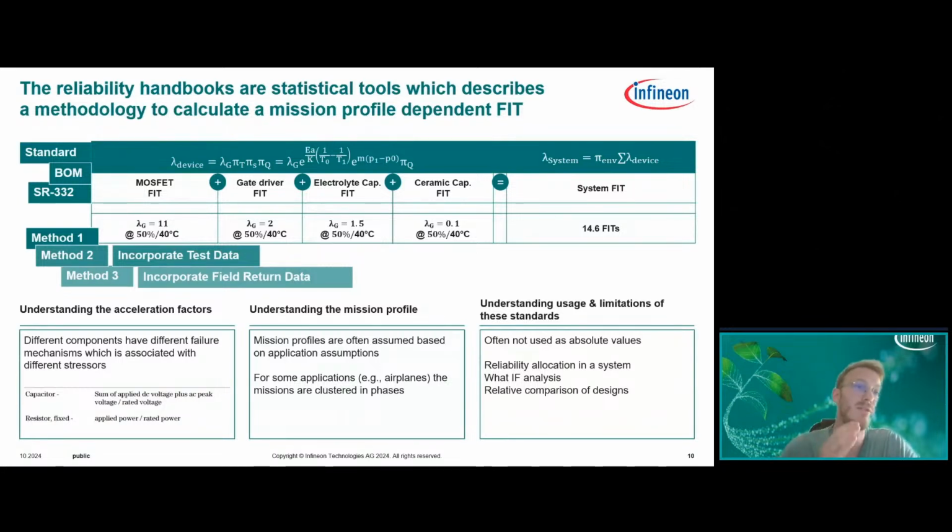So if you have two design iterations and one has a failure rate of 10 and the other a failure rate of 20, you know that the first design iteration is twice as reliable as the second. As long as you deploy this methodology consistently, in relative comparison you can see the reliability of your system very well.